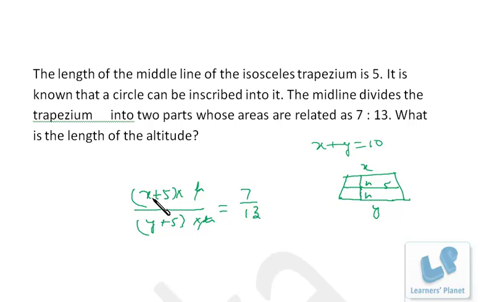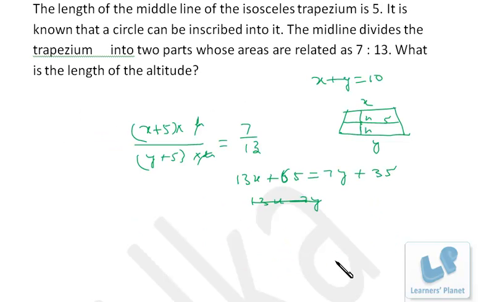So 13 into x plus 65 is equal to 7y plus 35. So 7y minus 13x is equal to 65 minus 35, that's 30, right?